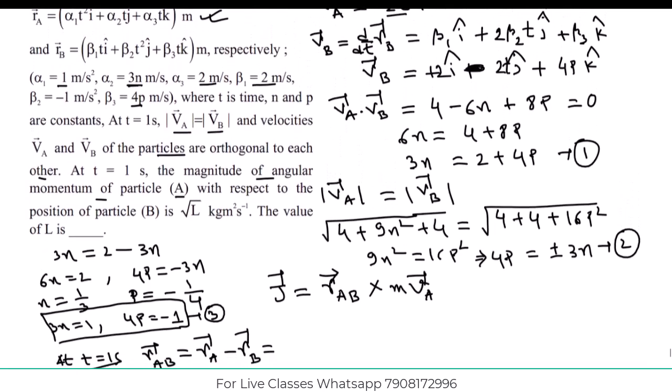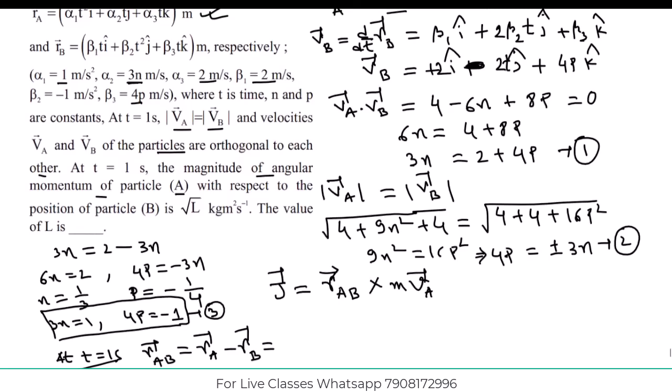From the equation, r_A is alpha 1 t square i cap, alpha 1 is 1, t is 1, plus alpha 2 t j cap, alpha 2 is 3n and 3n is 1 from equation 3, plus alpha 3 t k cap, alpha 3 is 2. So r_A is i plus j plus 2k.